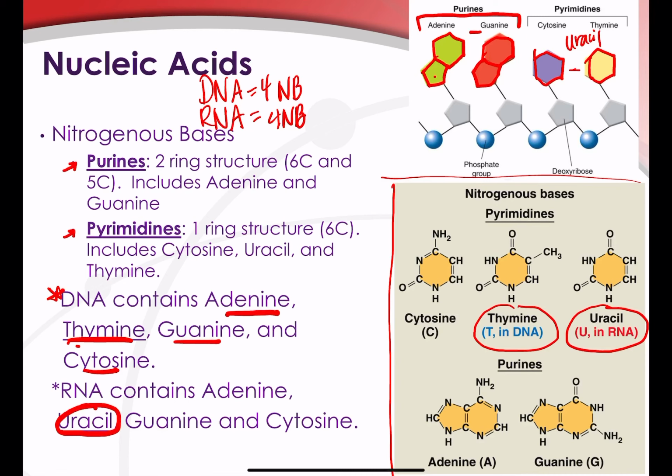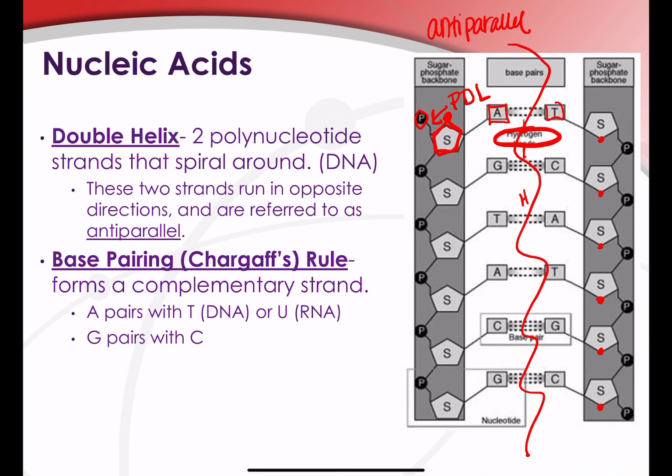And so that just doesn't work to have steps that are different widths, because the backbone would be curvy, so to speak. So what we know is that the bases always pair in this way, and you gotta know this, and you gotta know it by its name.